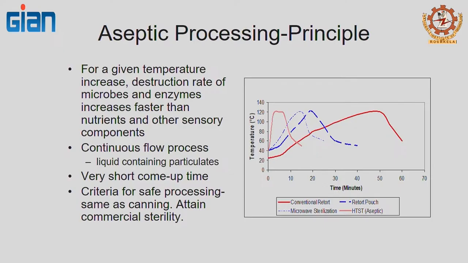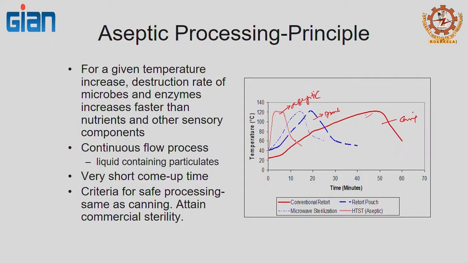So if you compare, this is the traditional canning method, whereas over here, this is a retort pouch, and then this is your HTST, your aseptic. So you're going to have a much shorter come-up time to reach the target temperature.